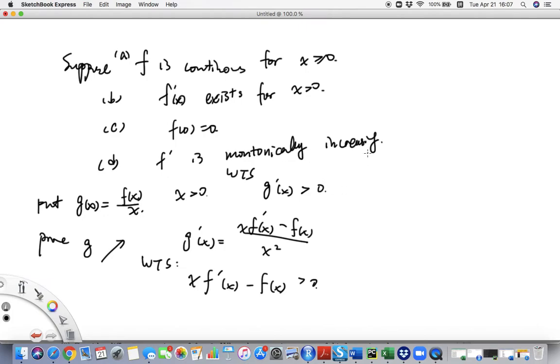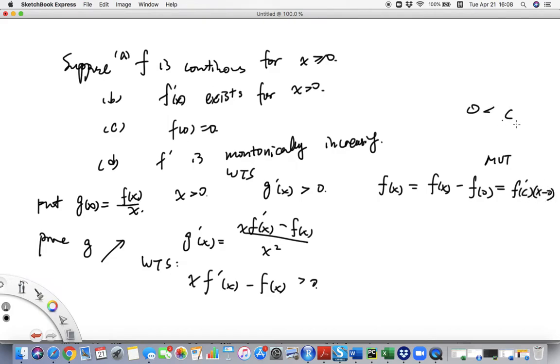Okay, so F of X, because F of 0 is equal to 0, right? So F of X is equal to F of X minus F of 0. But this, by the mean value theorem, is equal to F prime of C times X minus 0, right?